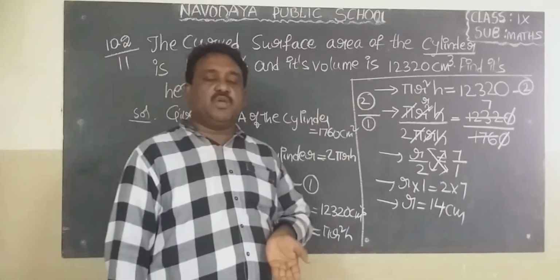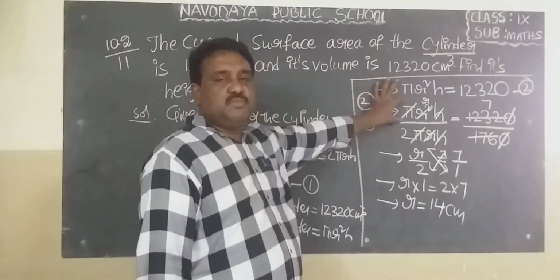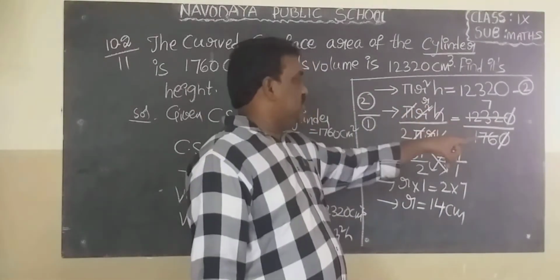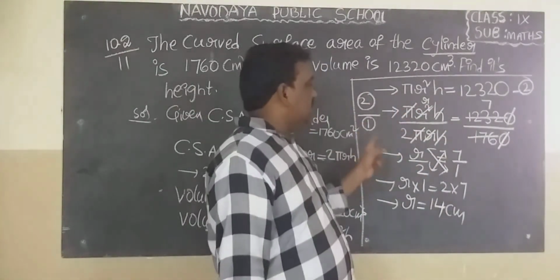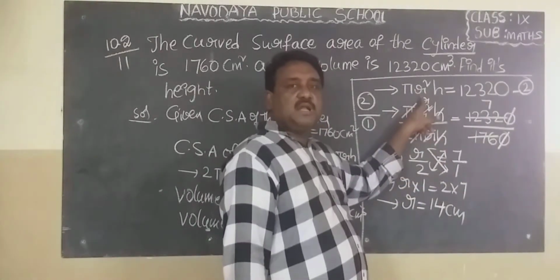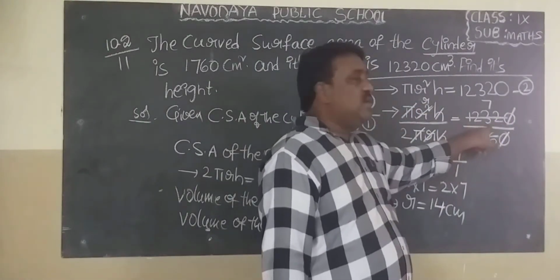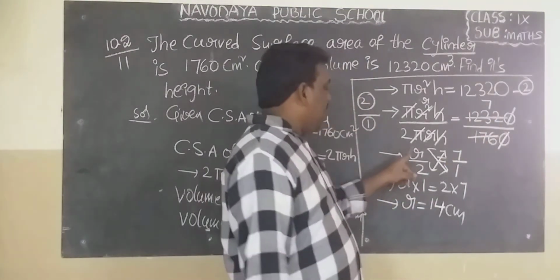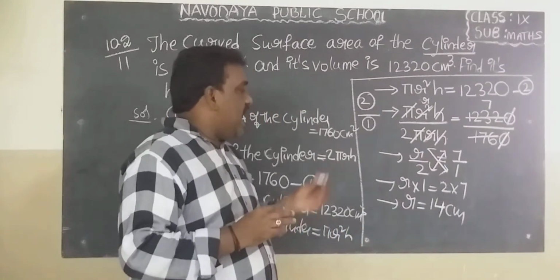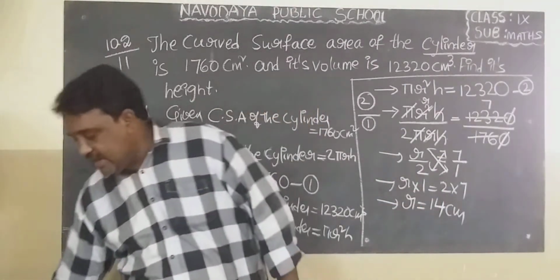Pi r square h by 2 pi r h equals 12320 by 1760. Cancellation: pi cancel, h cancel, r square, r times. Zero cancel, 1232 by 176 is exactly 7 times. What is left? R by 2 equals 7 by 1. Cross multiplication: r equals 2 into 7, which is 14. Radius completed.